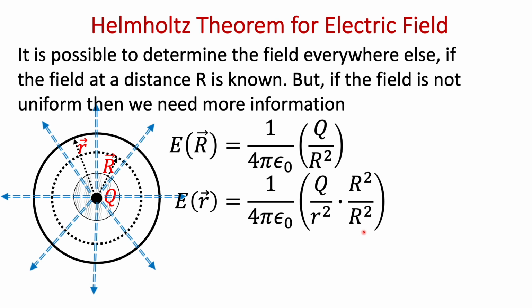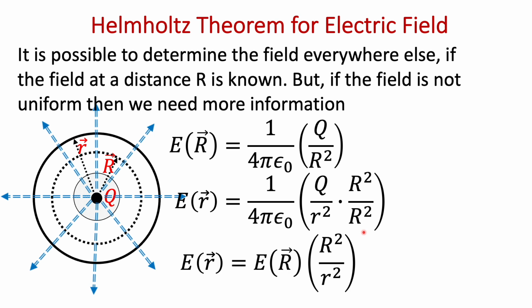Now this value, 1 upon 4 pi epsilon naught q over R squared, is nothing but the electric field at the distance capital R. So the electric field at distance small r is the electric field at distance capital R multiplied by capital R squared divided by small r squared. So the electric field at a distance small r is related to the electric field at the distance capital R, which is a 1 over r squared dependence.